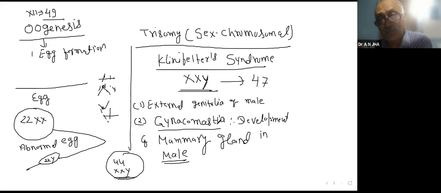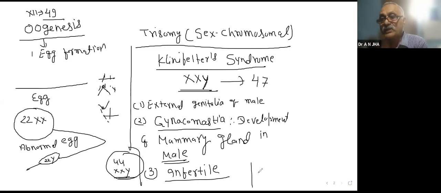It also takes place due to hormone, but here it is due to chromosome. And it is infertile. What we call it is one type of transgender.